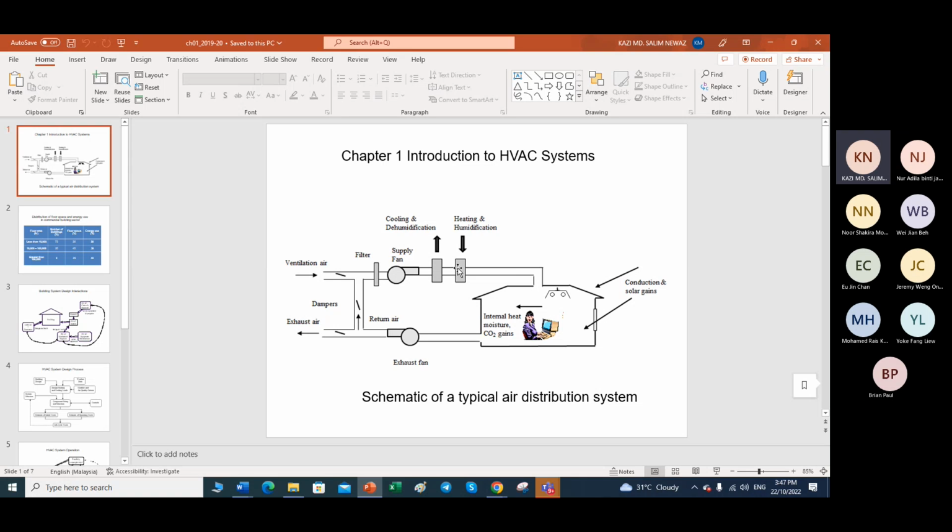If it is too dry there, then humidification has to be done there. Accordingly, the amount of water will be sprayed to maintain the humidity there.